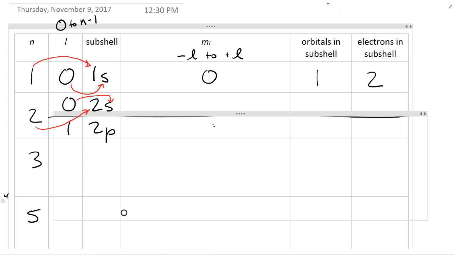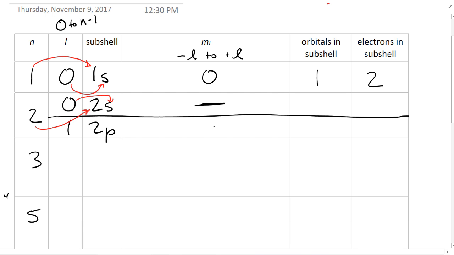So then, M sub L. Right here, this can go anywhere from negative L to positive L, so the possible values here would be 0, and then negative 1, 0, and plus 1. Orbitals in the subshell would be 1.